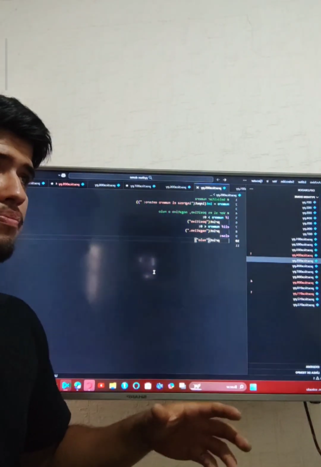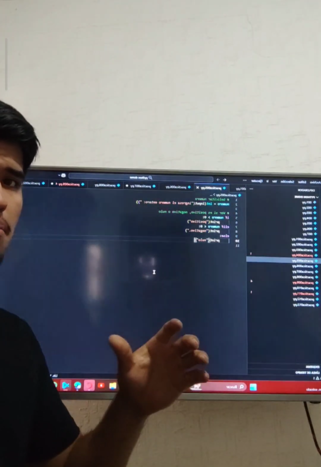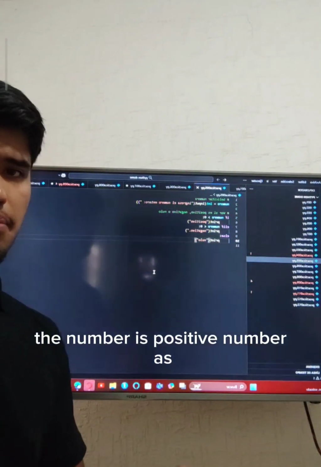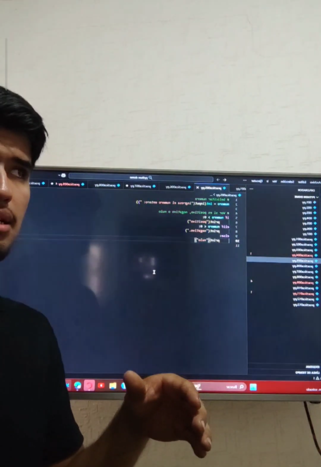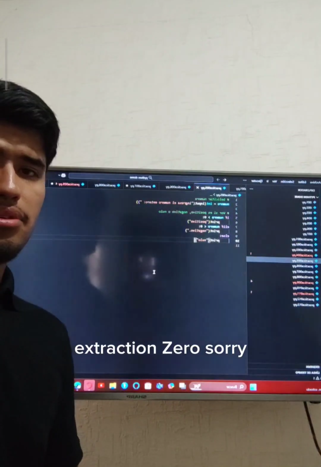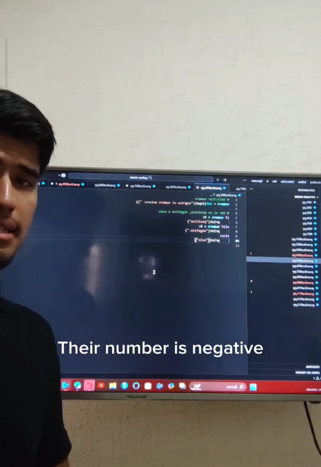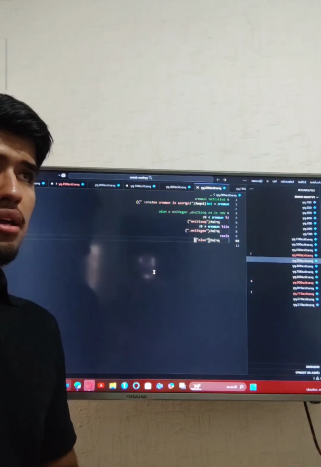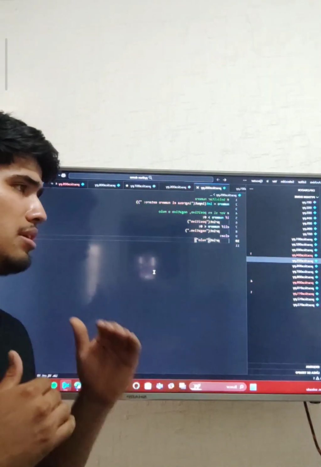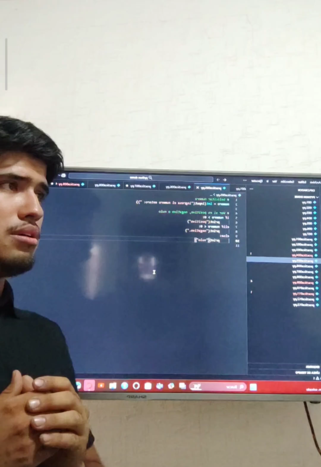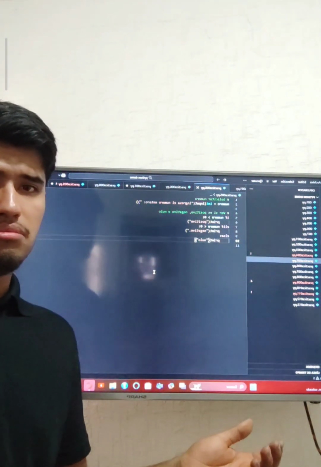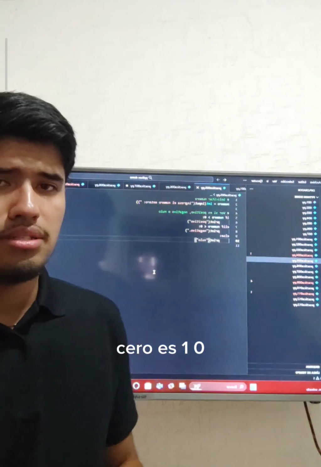If number is greater than 0, the number is positive. If number is less than 0, the number is negative, and otherwise the number is 0.